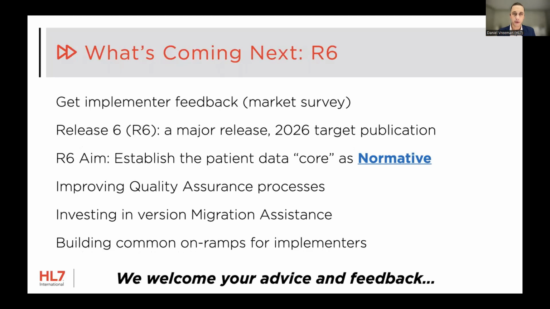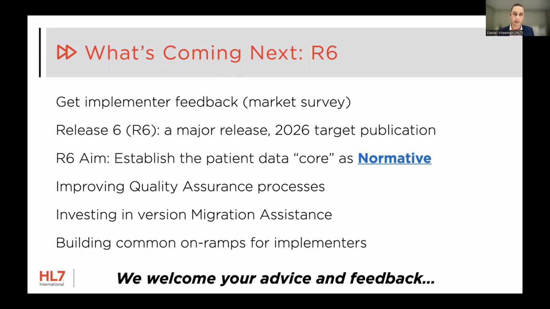And so that brings me to thinking about, well, when is the next version of FHIR coming out? As I mentioned, we're planning for this fall to release an implementer survey, a market survey, and are anticipating release 6 of FHIR to be a major release coming out in 2026 as our target publication date.